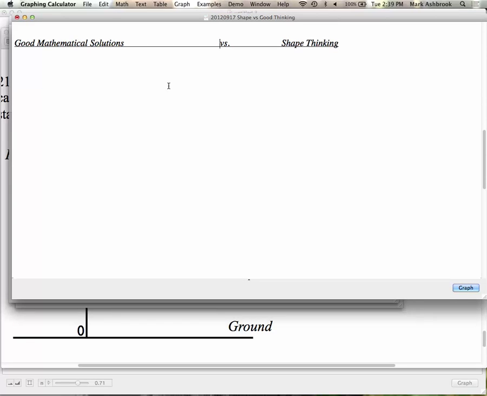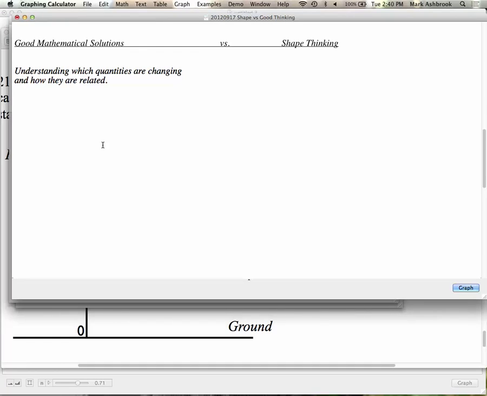Any thoughts? Tyler. With good mathematical solutions, you're understanding which quantities are changing and how they're related to each other. Okay, that's good. Maybe let me frame the situation a little differently.